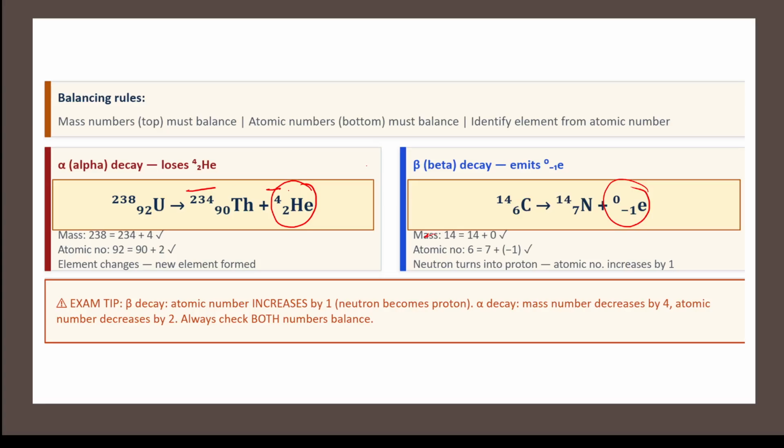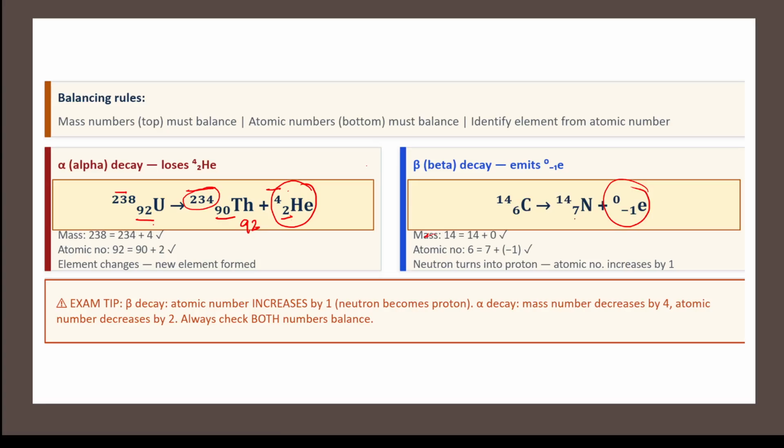So 234 plus 4 is 238, and here is also 238. Now you need to know that the mass number of alpha is 4. So sometimes it'll just say it gives out an alpha particle, so you need to figure out this mass number then. And then this atomic number should also be balanced. As you can see, 90 plus 2 is 92 on this side and 92 on this side.